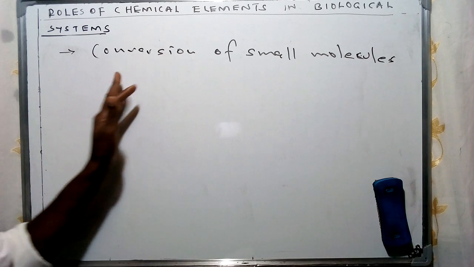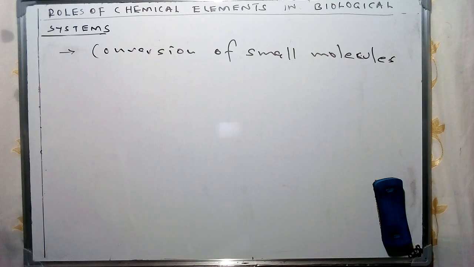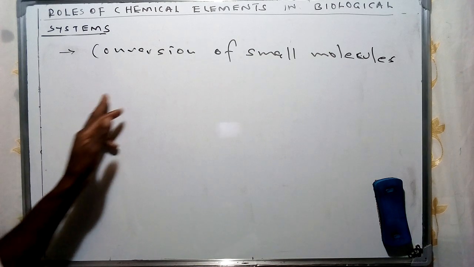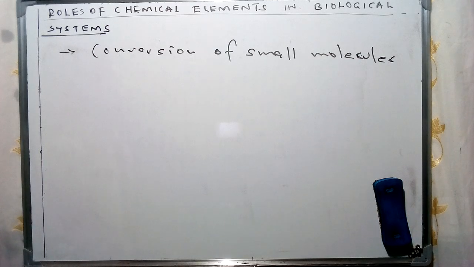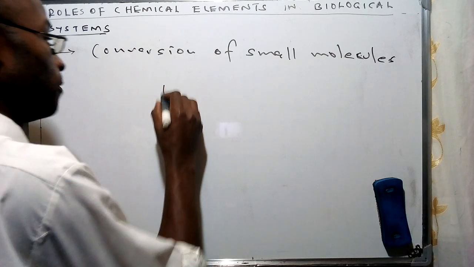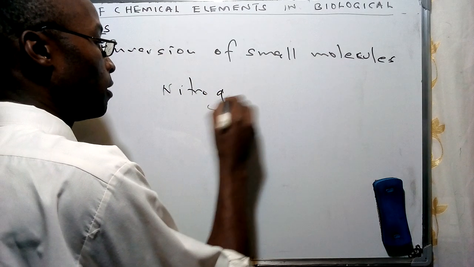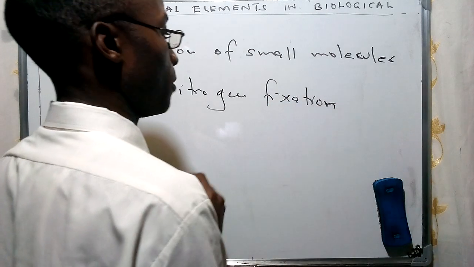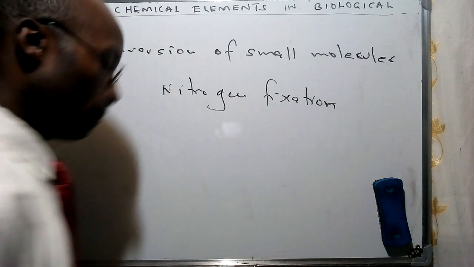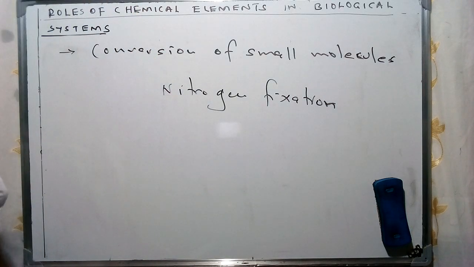Such a conversion is going to allow energetically difficult reactions to take place under the physiological conditions which I've mentioned. And this is going to be facilitated by the presence of elements which I've mentioned. For instance, we can look at an example of a process like nitrogen fixation, which takes place in the leguminous plants, which is going to involve some of the catalysts which I've mentioned.